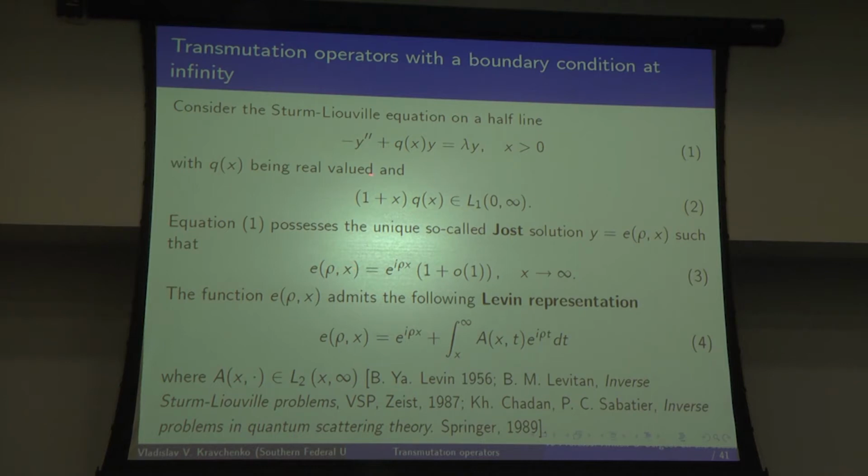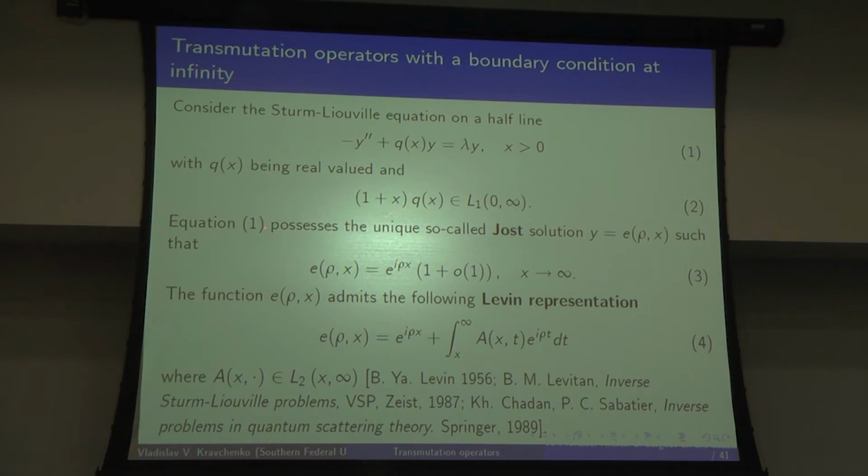So let us suppose that Q is real valued and satisfies this integrability condition. It means that more or less Q decays sufficiently fast at infinity. This is the usual condition in scattering theory.